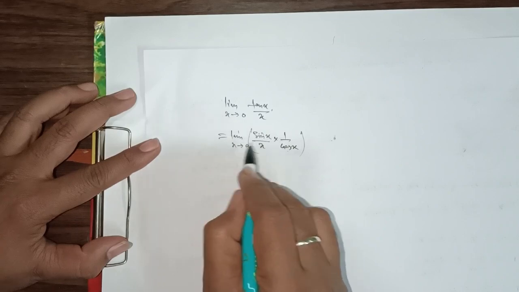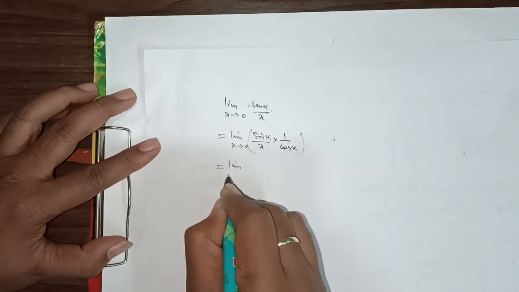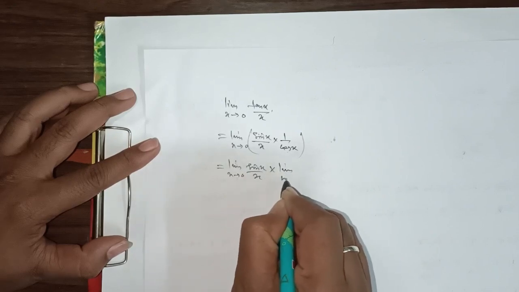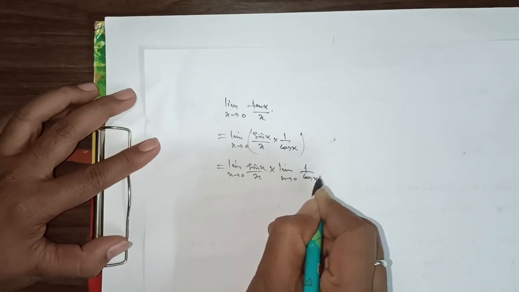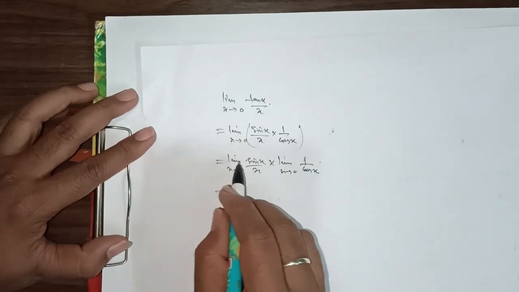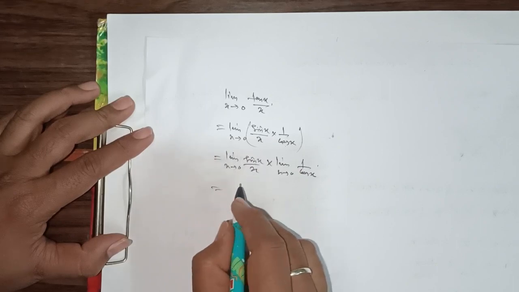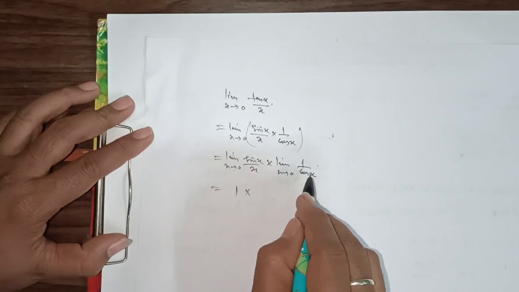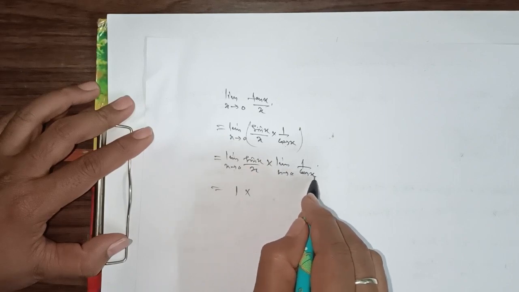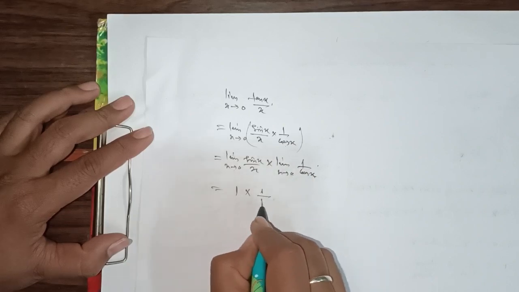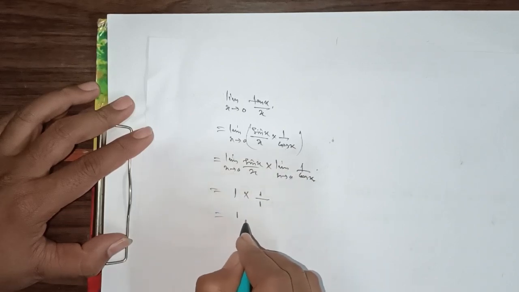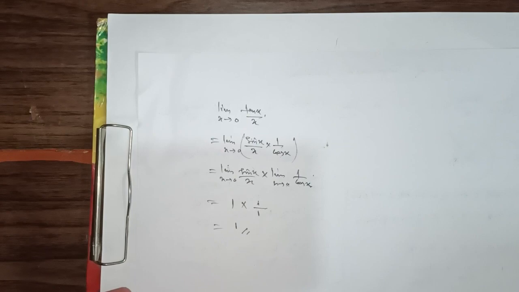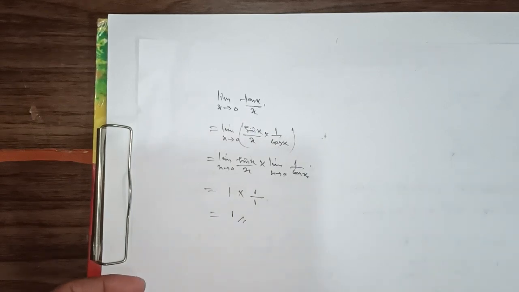Now we'll apply the product rule: limit x tends to 0 of sin x by x into limit x tends to 0 of 1 by cos x. This is the standard limit form, so we get 1 into, if we substitute x, cos 0 means 1, 1 by 1 gives us 1 only, so 1 into 1 gives us 1. That is our proof.